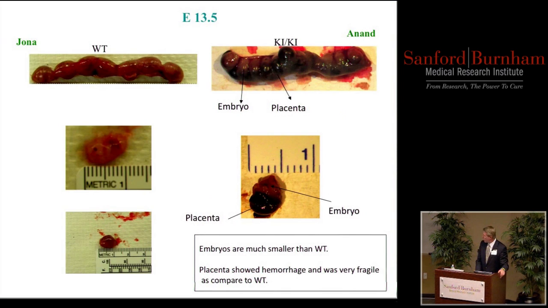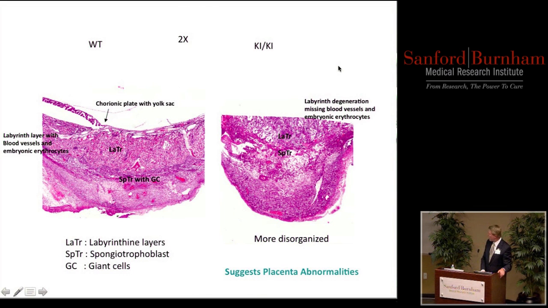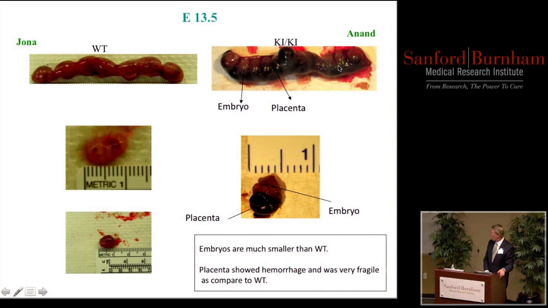Well, as you can see here, the wild type, and this is Jonah Nyack that did a lot of this work, wild type series of embryos will look like that, whereas in the knock-in, what you can see is there's a lot of hemorrhaging, and this is in the placenta. The embryos are not very good looking.